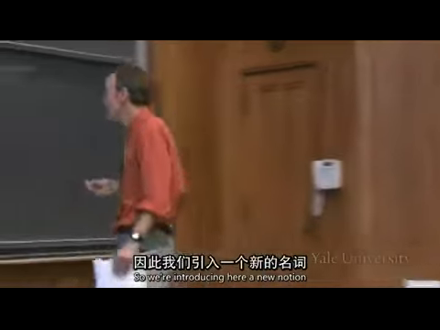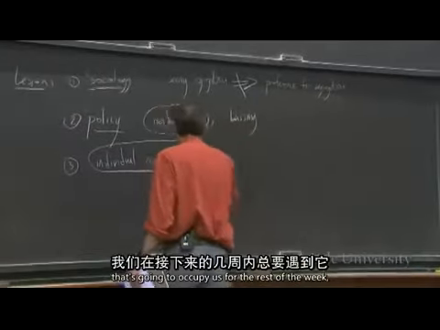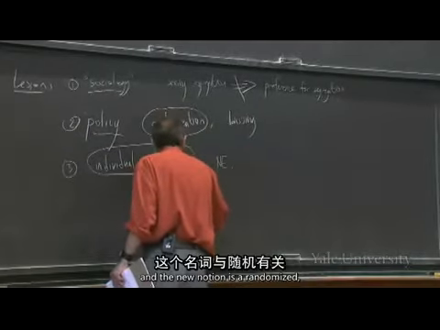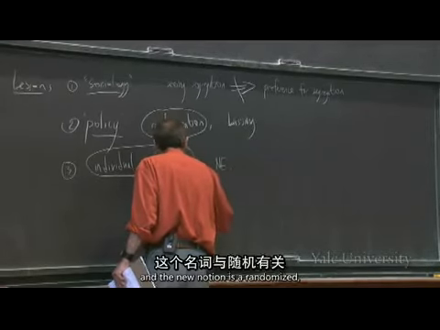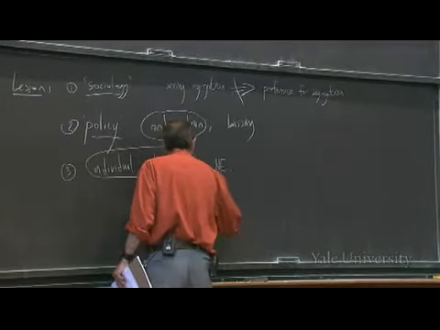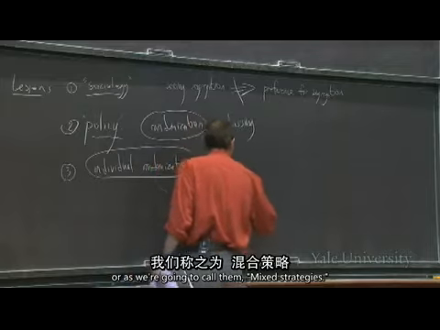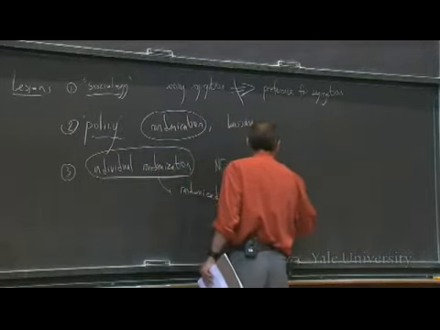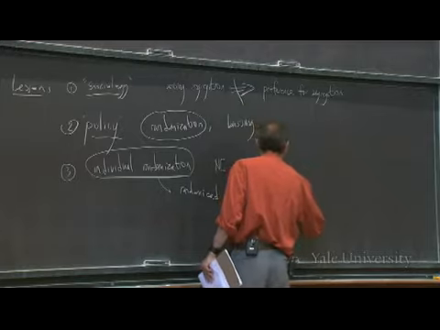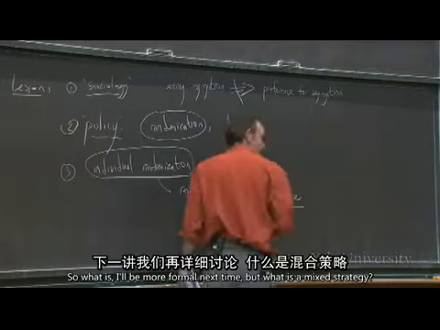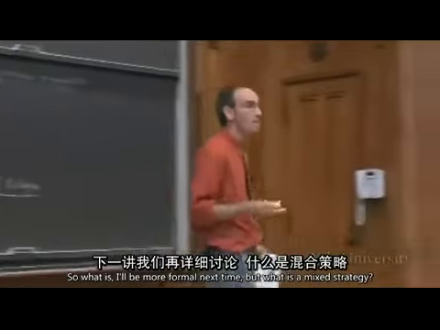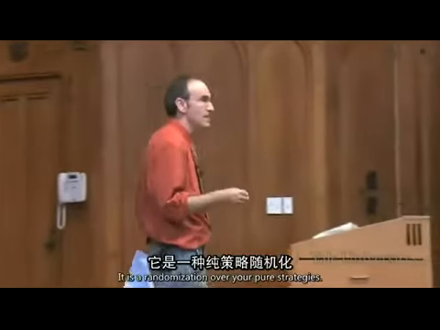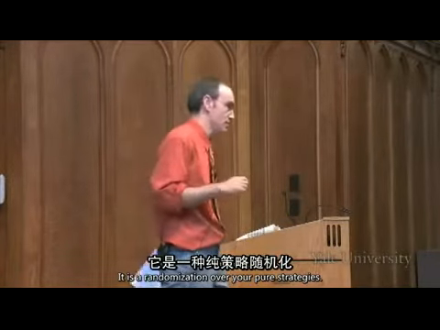All right? So we're introducing here a new notion that's going to occupy us for the rest of the week. And the new notion is a randomized, or as we're going to call them, mixed strategies. All right, I'll be more formal next time, but what is a mixed strategy? It is a randomization over your pure strategies.